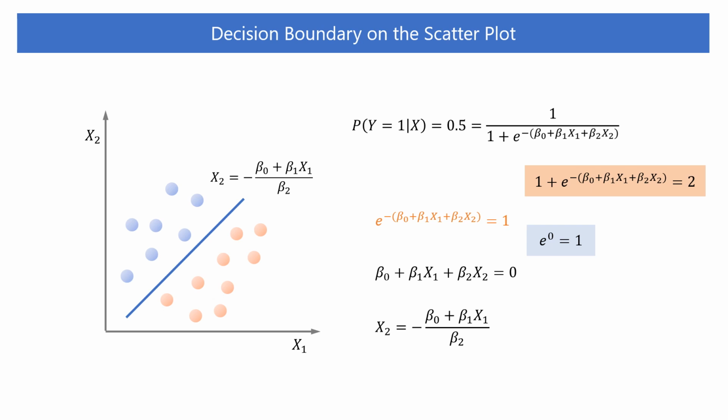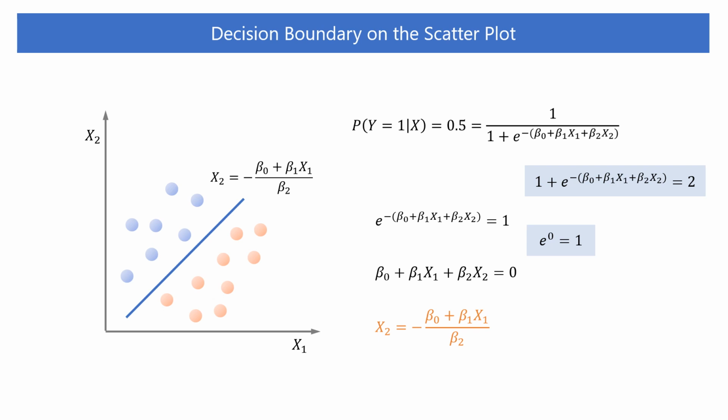In this case, since the denominator of the fraction is 2, the value of the exponential part of the denominator is 1. Therefore, the exponent of this exponential function is 0, and the part of this linear combination is 0.